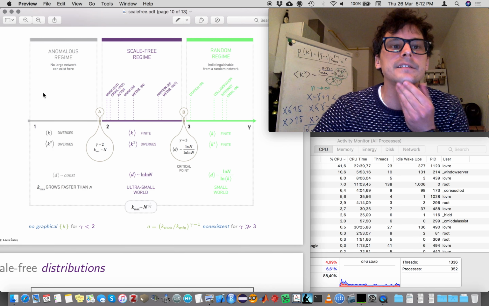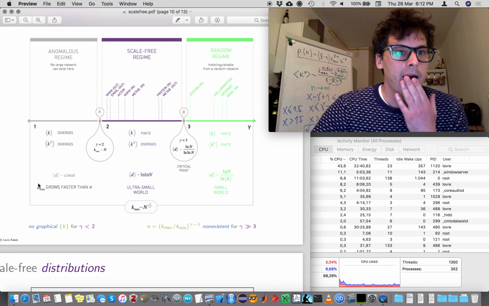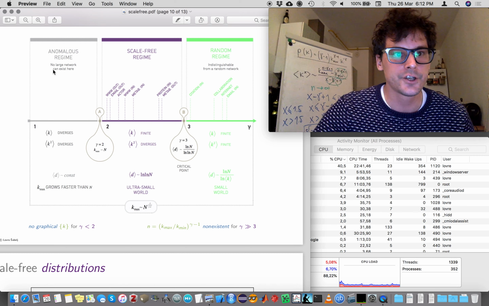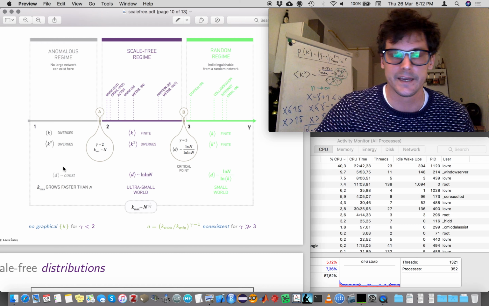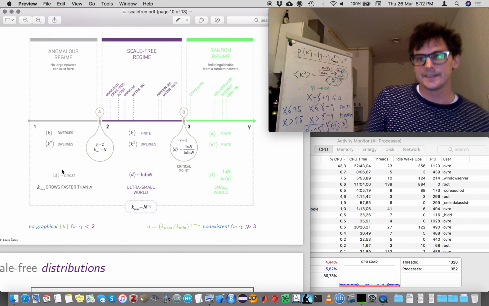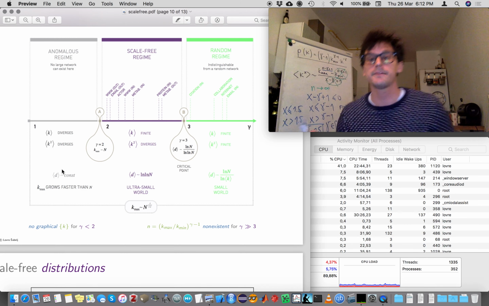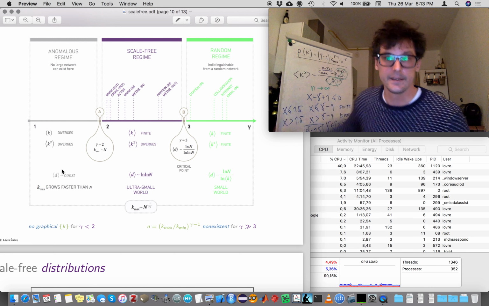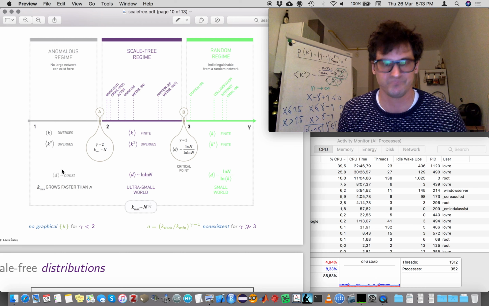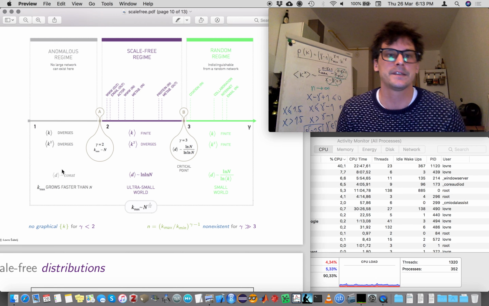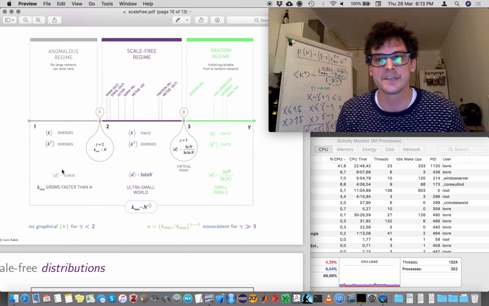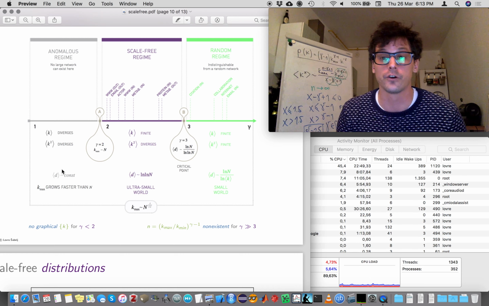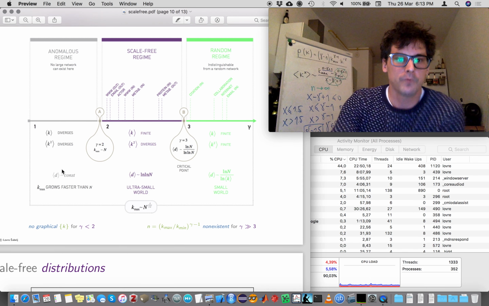This left side has here the anomalous regime, where no large network can exist. Why is that the case? We have shown that gamma must be larger than 1 so that you can integrate that function, otherwise such a network cannot exist. But it turns out that gamma must also be larger than or equal to 2. And why is that?